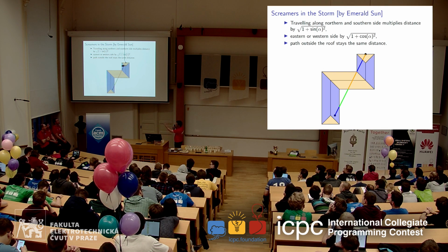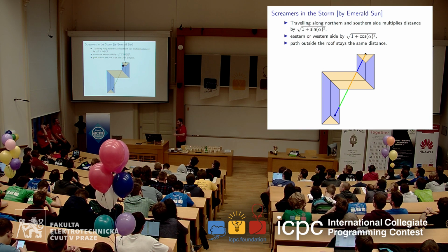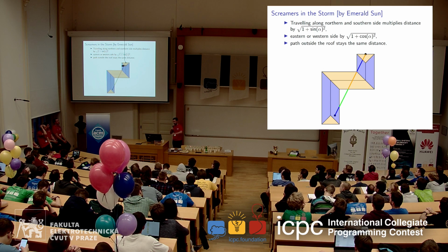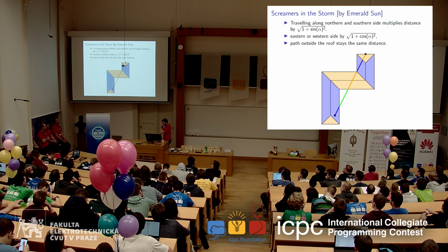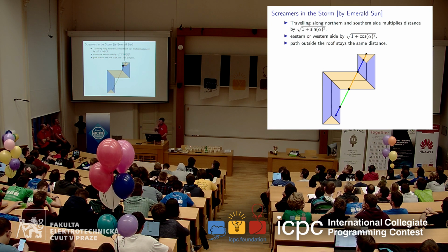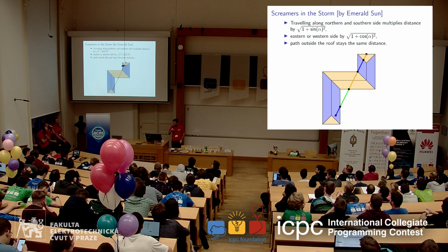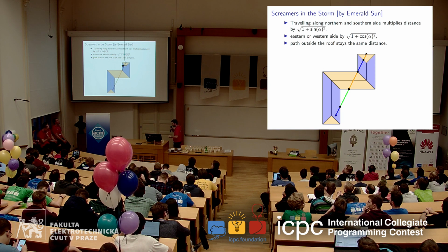One is going through the north-south part of the roof, another is going through the east-west part of the roof, and the last one is going outside the roof. So the goal is to compute the points which divide the path into these parts.